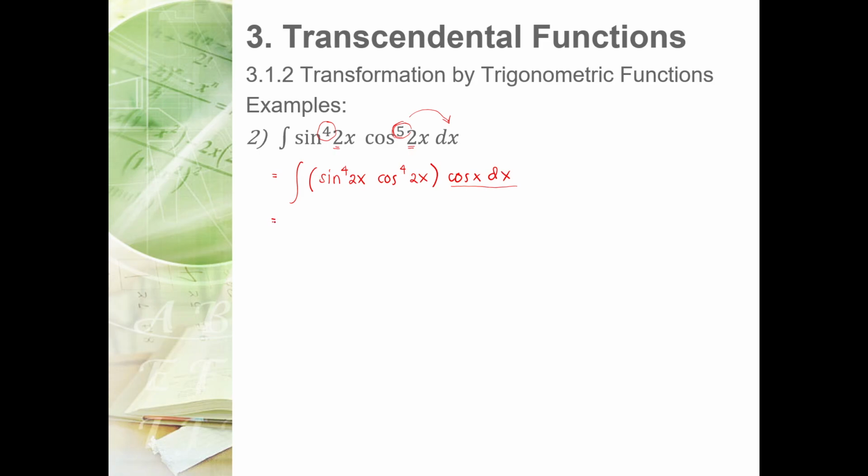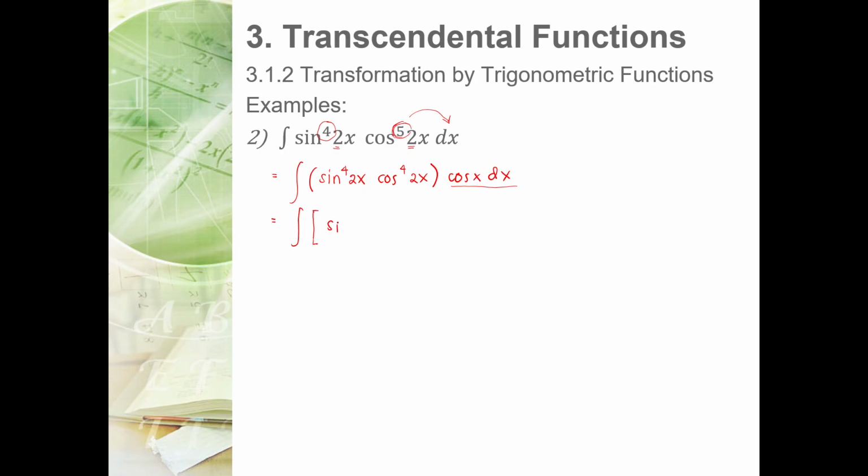So next step is we try to replace the factored out term with the corresponding Pythagorean equation, which is now, since this time it's cosine, we need to replace the cosine squared with 1 minus sine squared 2x. So again, so I don't get confused, I'm going to use brackets now.